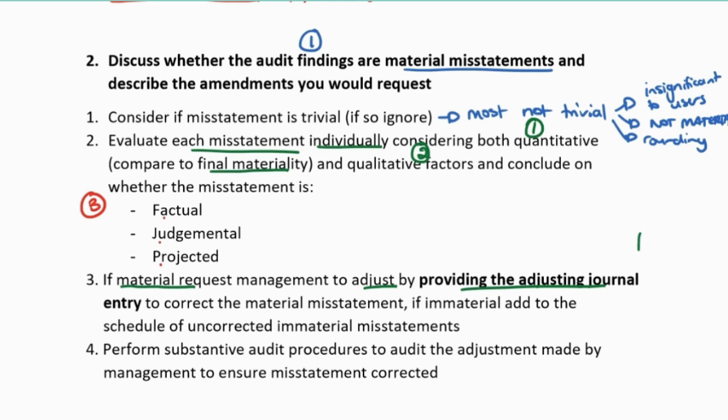You need to go and debit and credit this to correct the material misstatements. But I also need to then discuss whether there were any of those misstatements that were immaterial. So they were not quantitative or qualitative.